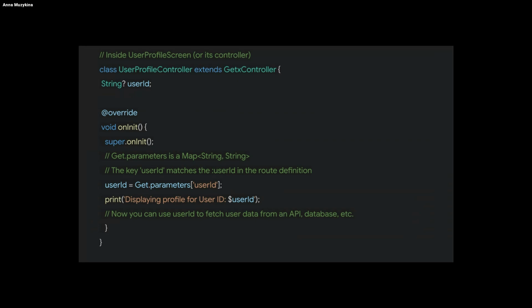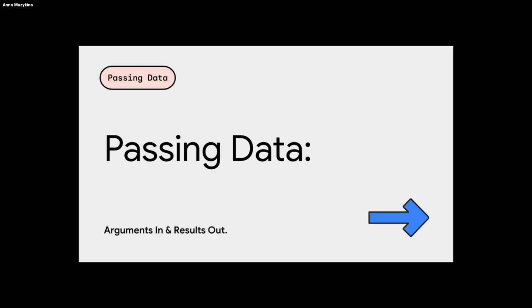In our example, it was 123. Exactly this makes it incredibly straightforward to pass IDs or other unique identifiers to detailed screens, allowing you to fetch and display relevant data dynamically.